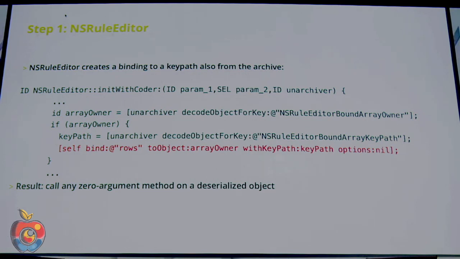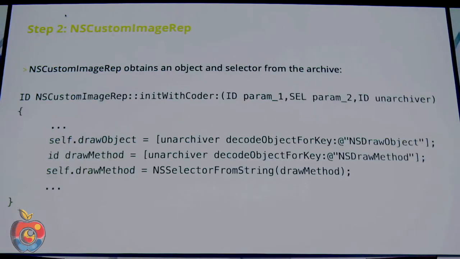For example, if you have an NSTask class, which has a launch method with no arguments, you can create a binding to the launch method, and at the moment that binding is created, that method is invoked. You're not supposed to do this, it's not a property that you should be binding to, but by doing this, I was able to call arbitrary methods during deserialization, as long as they have no arguments.